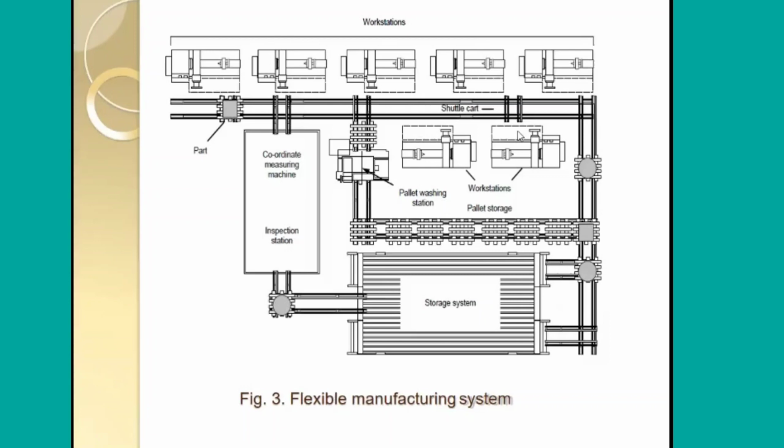After completing everything, it will be stored in the storage system. This system is widely used in industries to increase productivity as well as to deliver the product very fast, and the quality also increases by using this flexible manufacturing system.